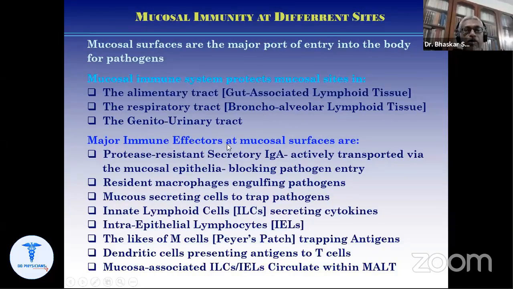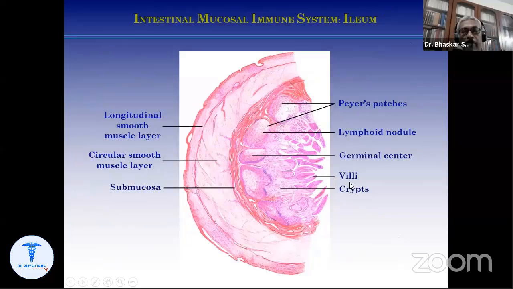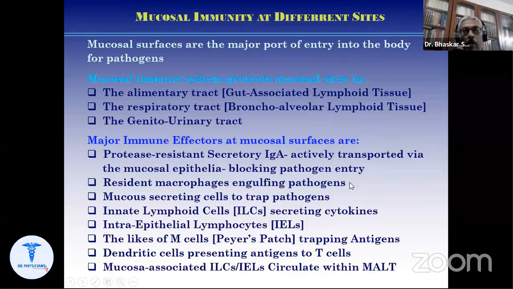So the major immune effectors at mucosal surfaces are protease-resistant secretory IgA actively transported via the mucosal epithelia, and that blocks pathogen entry. Then resident macrophages engulfing pathogens. The macrophages are in different tissues with different names.